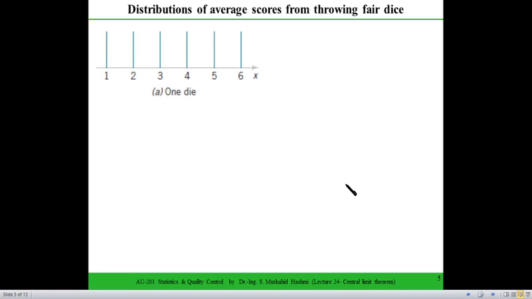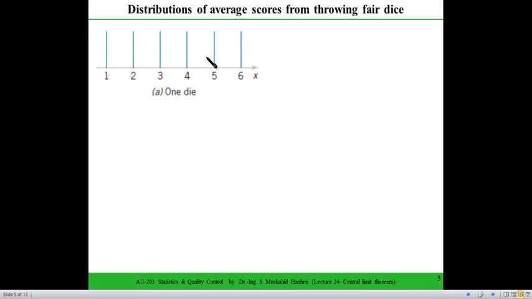Let's say we have a distribution of the average score from a fair dice. As you know, a dice has 6 possible outcomes: you get 1 or 2 or 3. 1/6 is the probability that you get 1 if you throw one dice, so the distribution if you throw a dice once would be a uniform distribution.